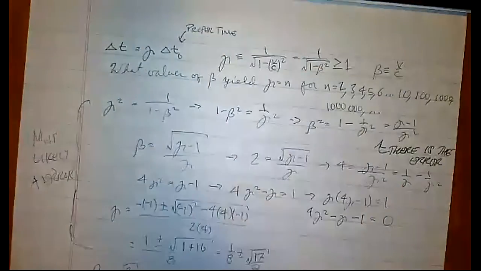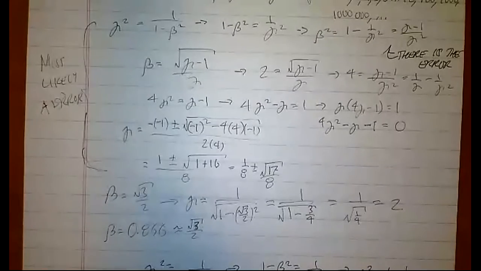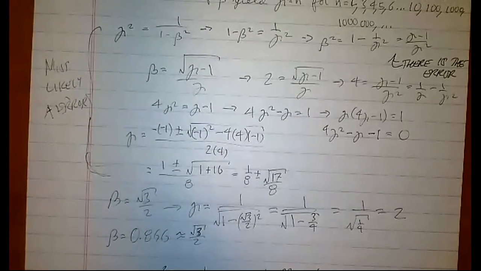Okay, so beta. All right, so where you wrote 4 gamma squared minus gamma minus 1, that should have been 4 gamma squared minus gamma squared minus 1, so it'd come out to 3 gamma squared minus 1.